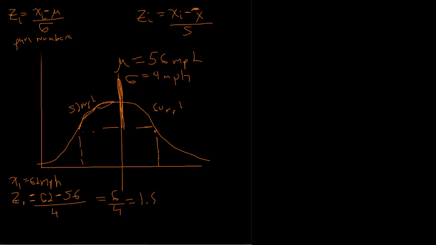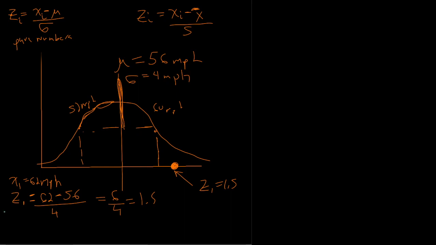That means this piece of data, x1, with a z-score of 1.5, sits here. There's z1 equals 1.5. That means this particular car that we randomly picked is not within our 68% in the middle, and it has a position in this distribution relative to the mean.